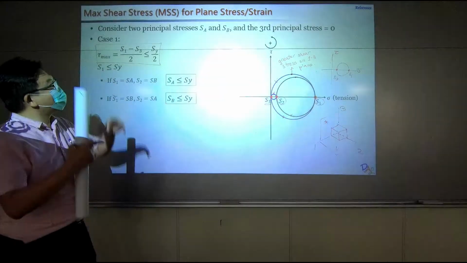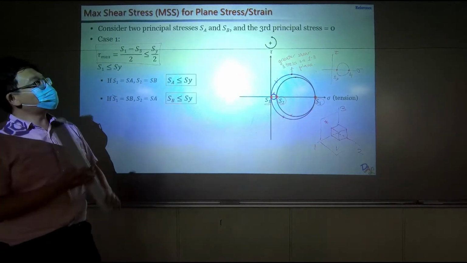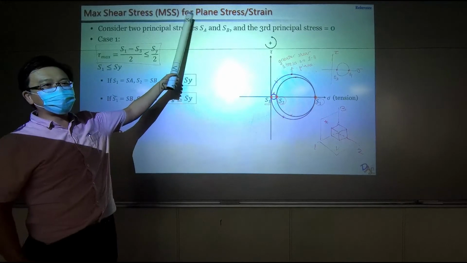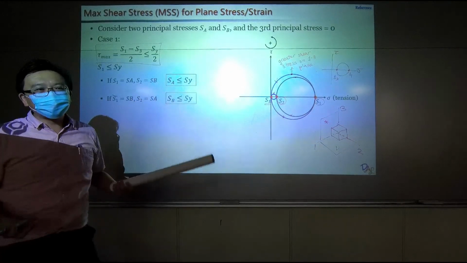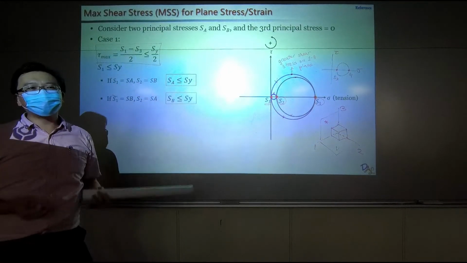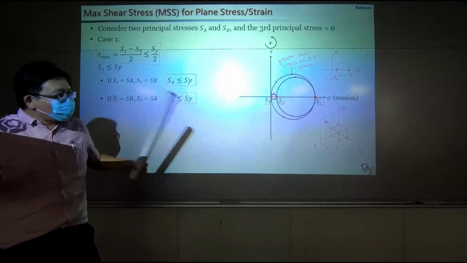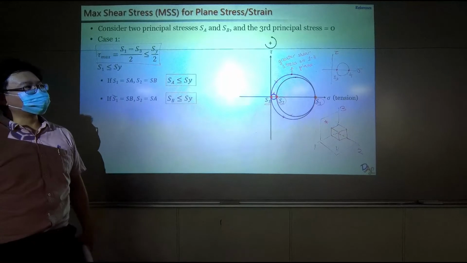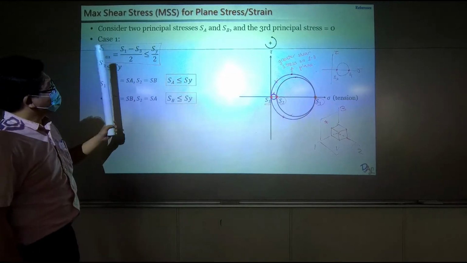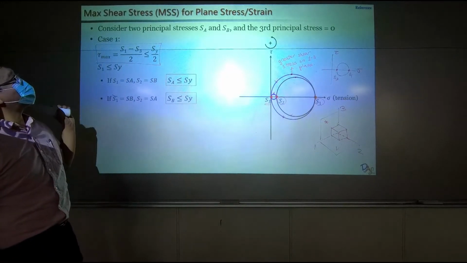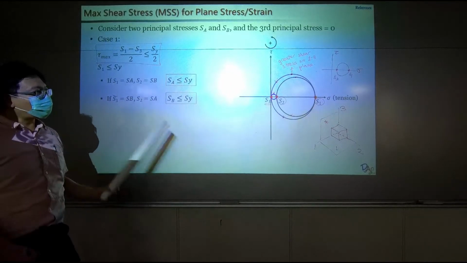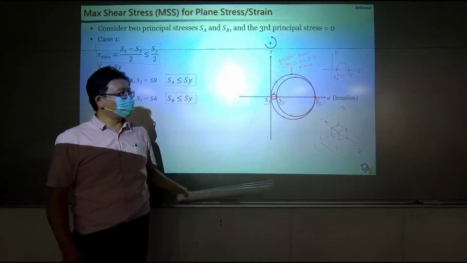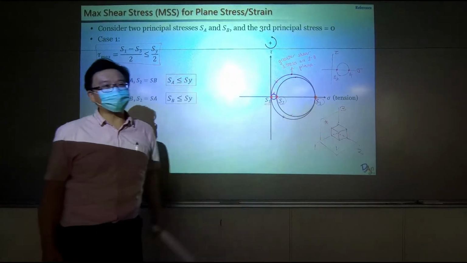When we design this, we simplify it to a 2D problem just for simpler analysis. But we cannot just ignore what's happening in the third direction. So when we use this maximum shear stress model, we also focus on what's happening on the other planes.